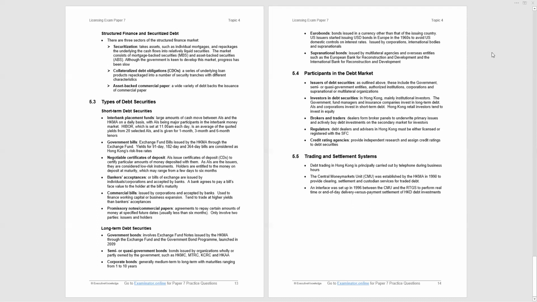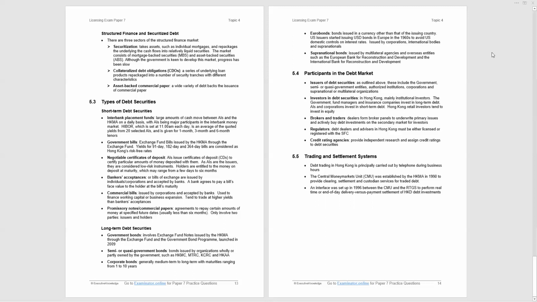Now, the Central Money Markets Unit, what's this? It was established by the Hong Kong Monetary Authority in 1990 to provide clearing, settlement and custodian services for traded debt. Please be aware of that. So the Central Money Markets Unit is the clearing, settlement, custodian for debt.